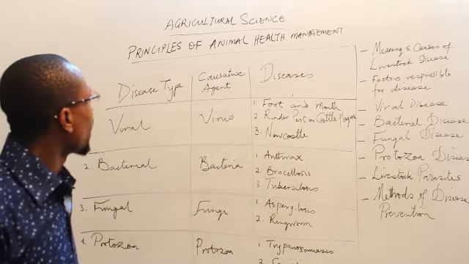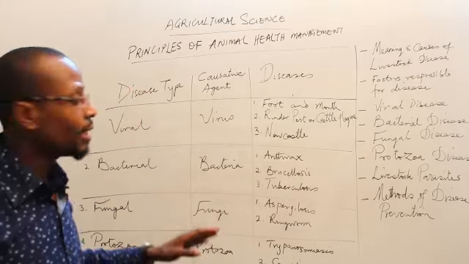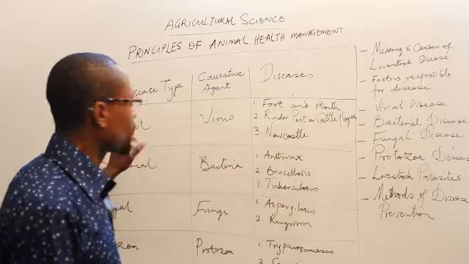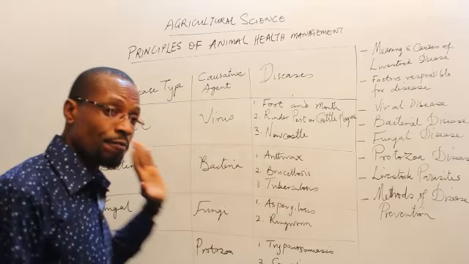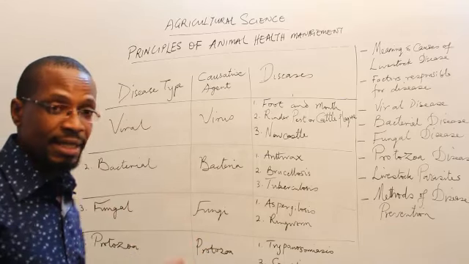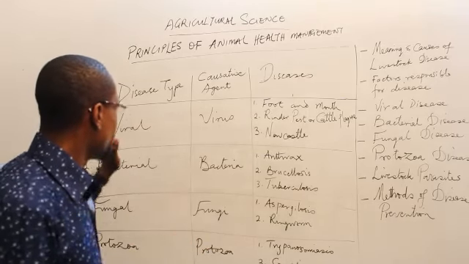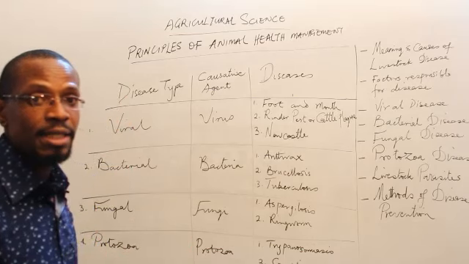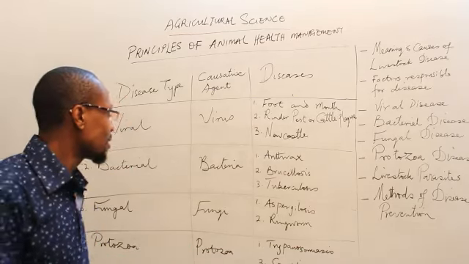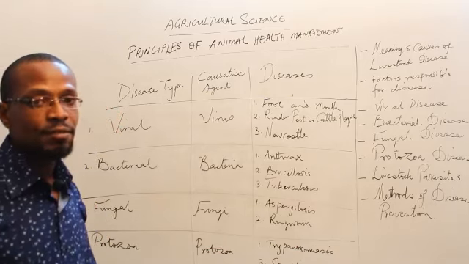Now let's take a quick look again at the various diseases. We have four basic types of diseases: the viral diseases, the bacterial diseases, the fungal diseases, and the protozoa diseases. And what are the causative agents?